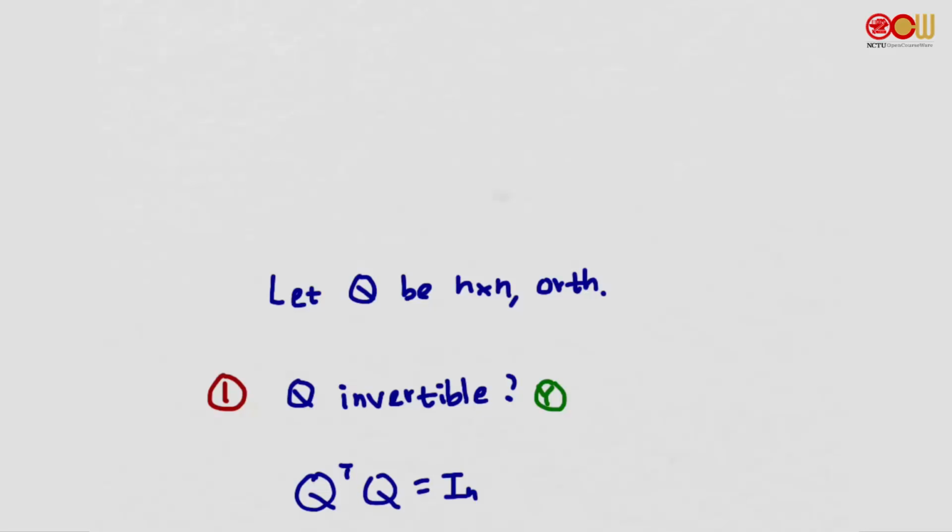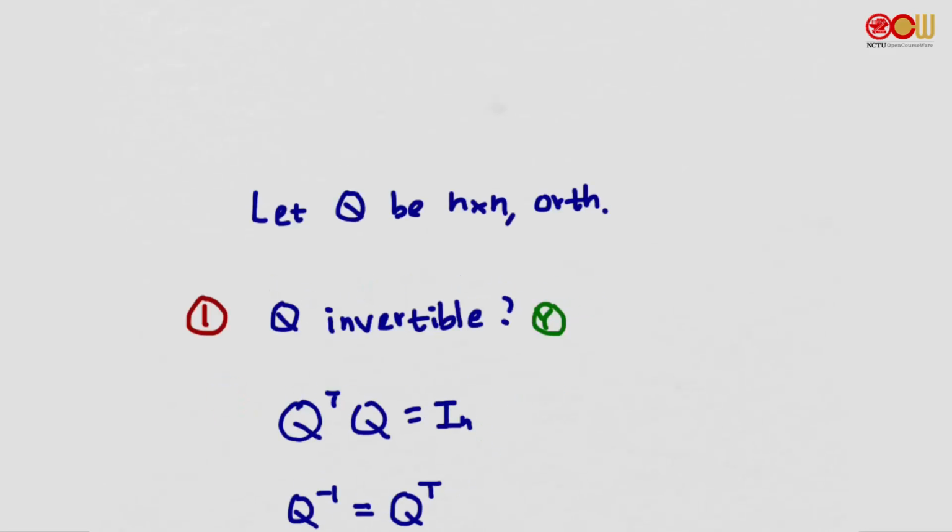So can we see what the inverse is directly? Indeed, Q inverse is simply Q transpose. So when Q is an orthogonal matrix, it's so much easier to find its inverse. We don't need to do any computation. We simply take the transpose of Q and we get its inverse.